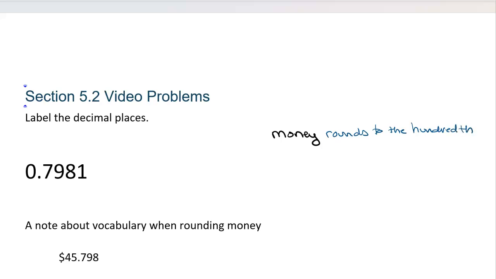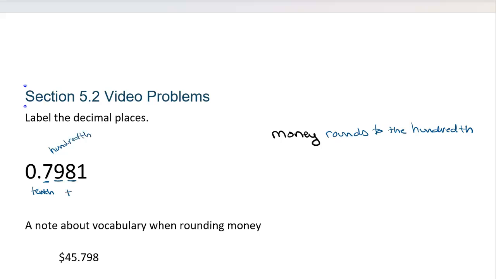Okay, so on that note, let's go ahead and look at the large number here. And let's label each part. And then I'm going to tell you how you name it. Okay, so the first place to the right of the decimal is the 10th. Second place is the 100th.